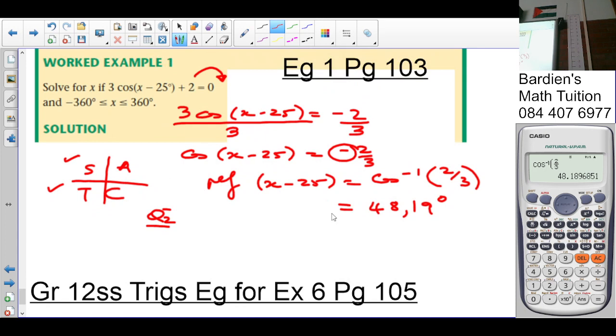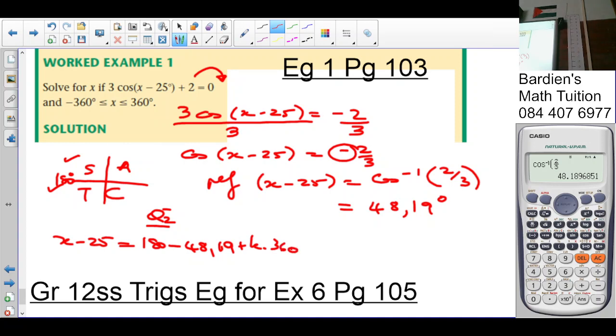So we say the angle, which is x minus 25, is equal to 180 degrees minus 48,19 plus k times 360.